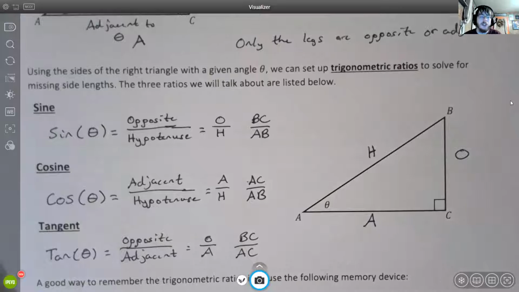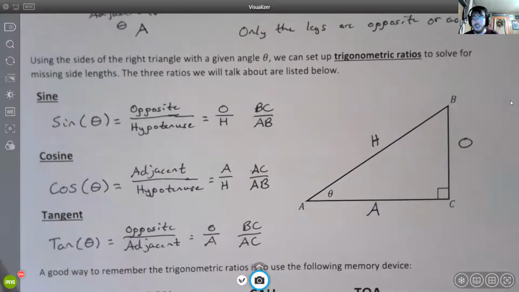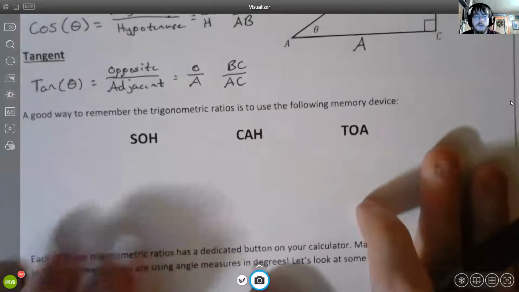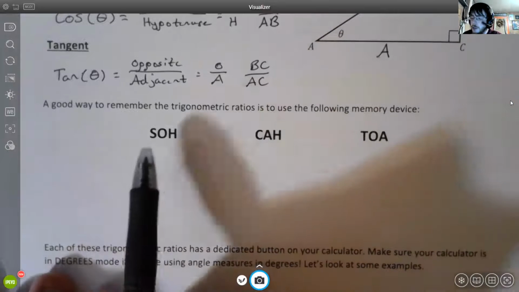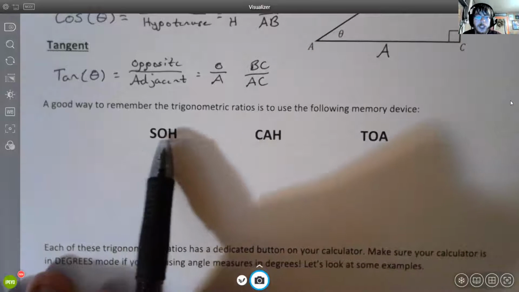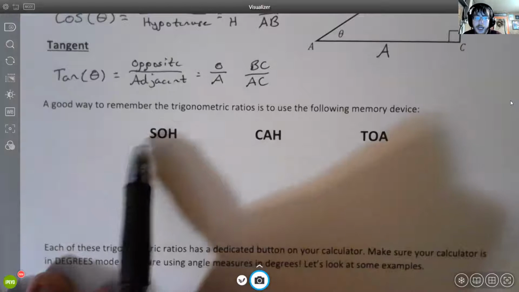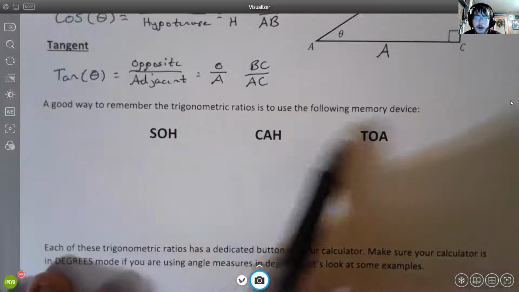All right, so a good way to remember the trigonometric ratios is to use the following memory device. What we use is SOHCAHTOA. So we just put that all together, and it's divided into 3 parts.